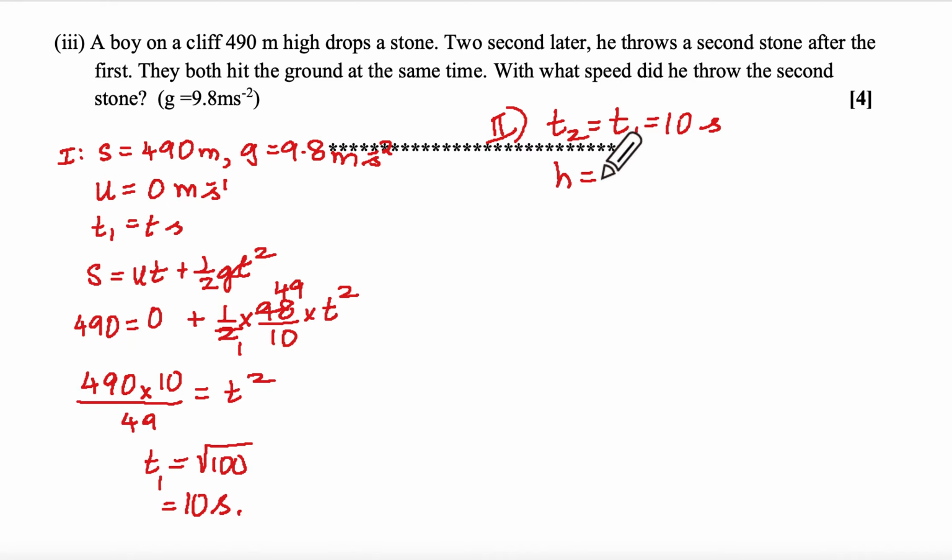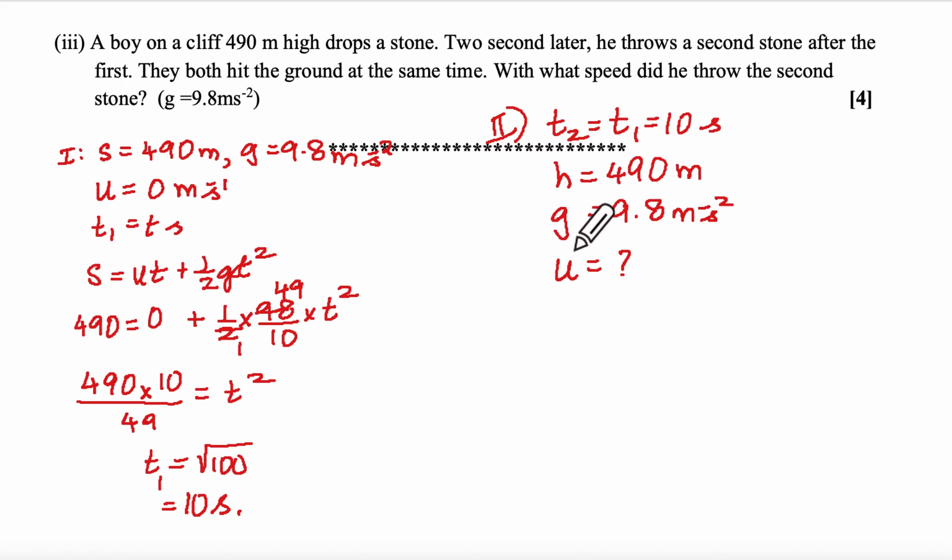The height is still 490 meter. G is still 9.8 meter per second square. And they are saying with what speed, meaning initial velocity, how much was it?